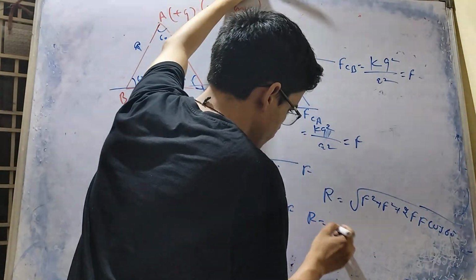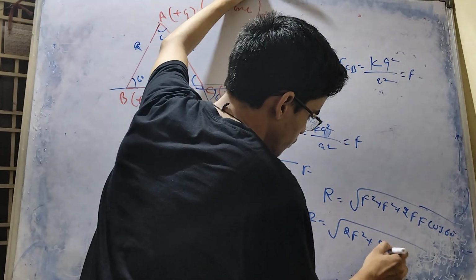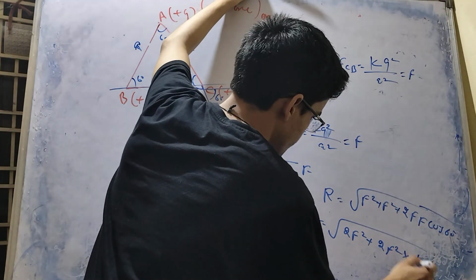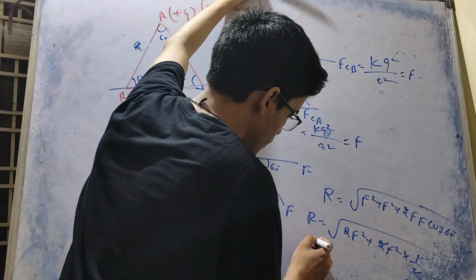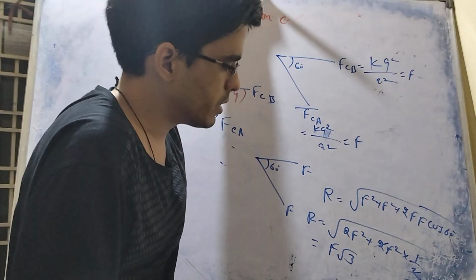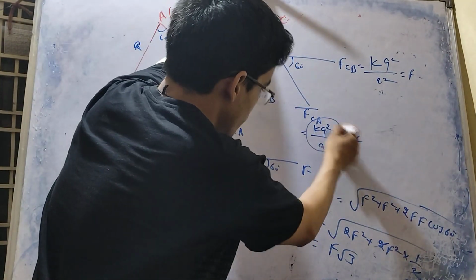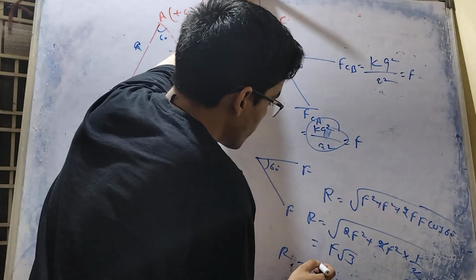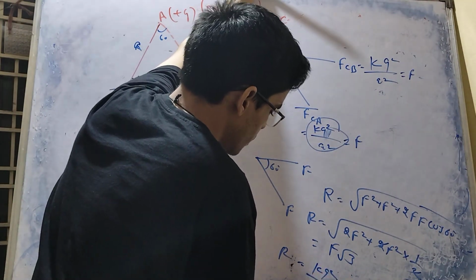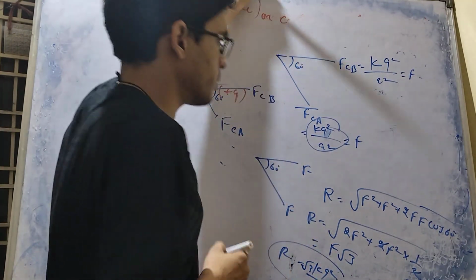So R equals 2F square plus 2F square cos 60, where cos 60 means 1 by 2. I think this will be F root 3. So now I know what F is, so we can write here KQ square by A square root 3. That is your final answer.